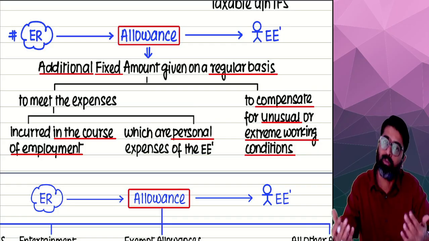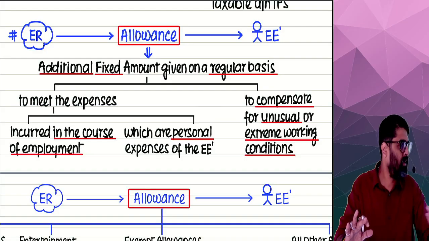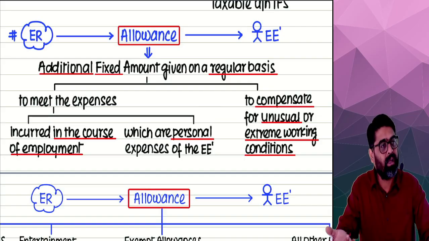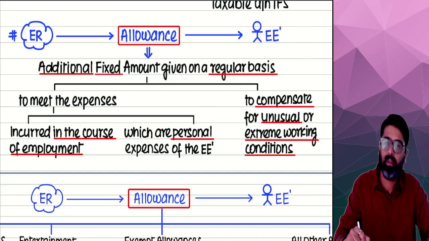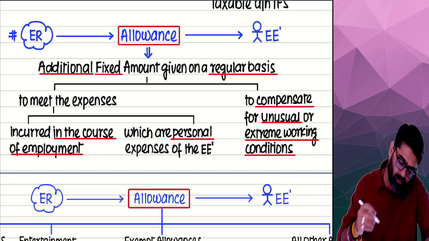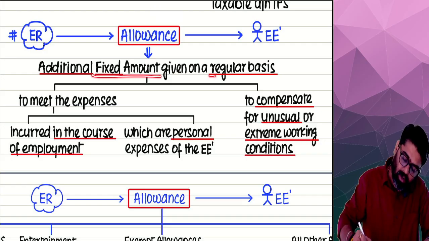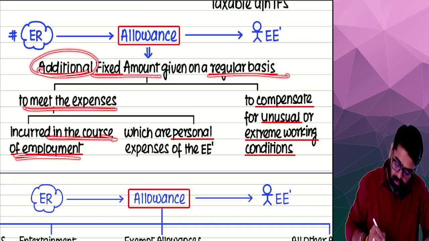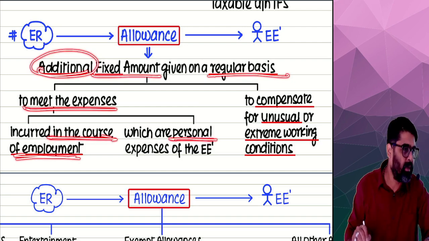For meeting those personal expenses also, a fixed amount on a regular basis in addition to salary can be given by the employer. Yes or no? So the employer can give a fixed amount on a regular basis in addition to salary to meet the expenses in the course of employment or to meet the personal expenses.